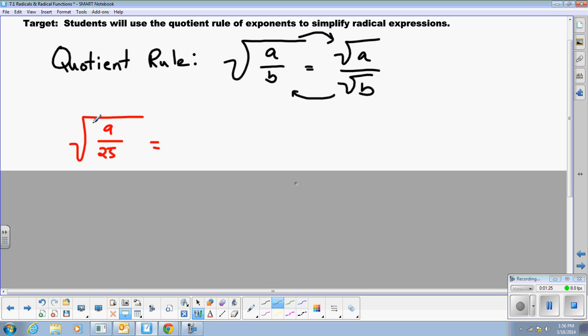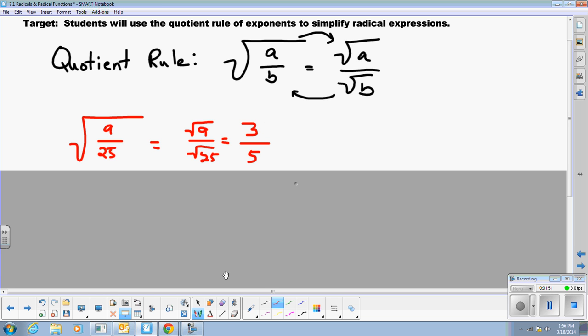Following the quotient rule, I will do the square root of the numerator over the square root of the denominator, which is 25. So then I ask myself, the square root of 9 is 3. The square root of 25 is 5. So then my answer happens to be 3/5.